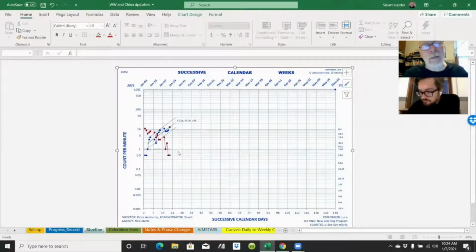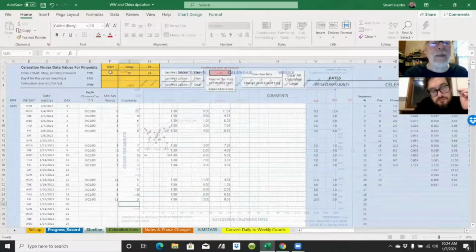So these are our error counts now, our incorrects. You can see that they're generally following that line of deceleration. They're covering the same days here.